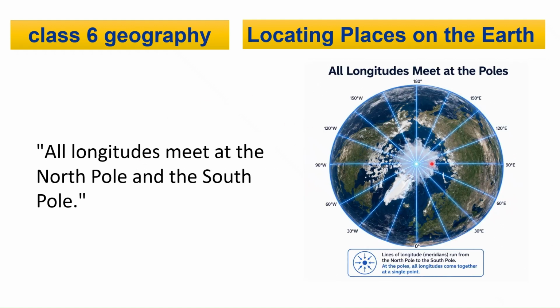All longitudes meet at the North Pole and the South Pole. 0 degree to 180 is east and 0 degree to 180 is west. 180 east and 180 west is the same meridian, so it is simply written 180, not east and not west. Okay, students?